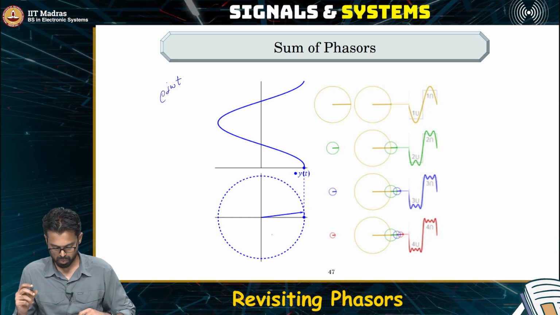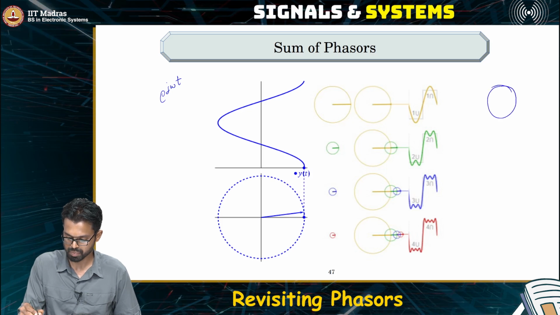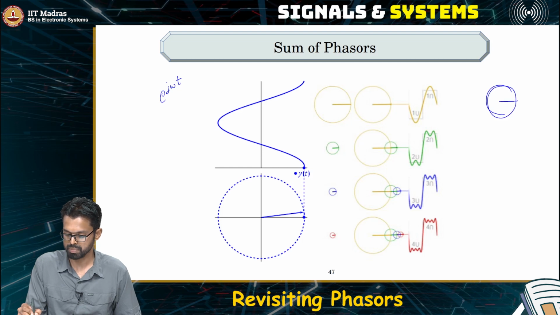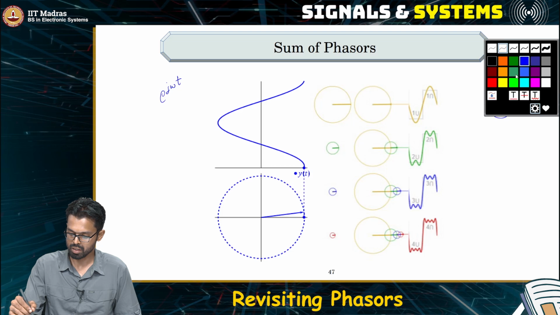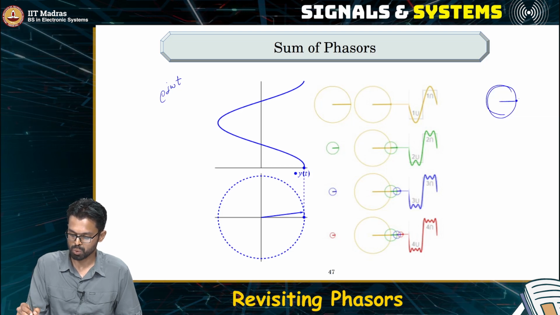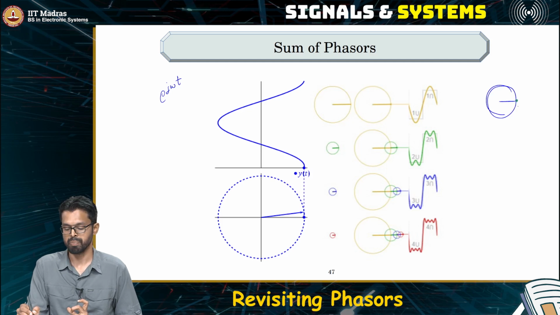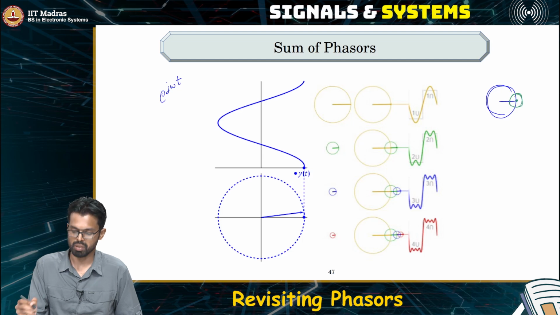Okay. So as you can see here, if there is a first phasor that is starting at some point, and you want to add another phasor, you set the first phasor's point as the origin, and then start the next phasor from that.